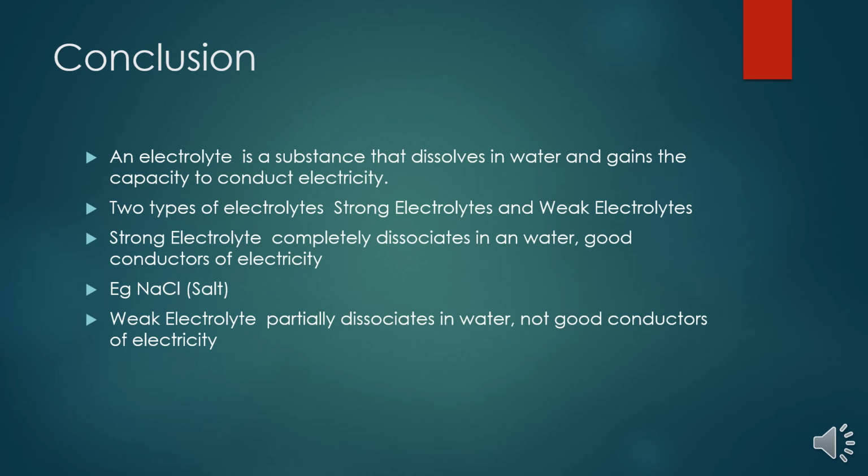These are substances that partially dissociate in water, meaning they don't completely break down in water solutions, and therefore they are not good conductors of electricity. So an example of a weak electrolyte is ammonia, NH3.